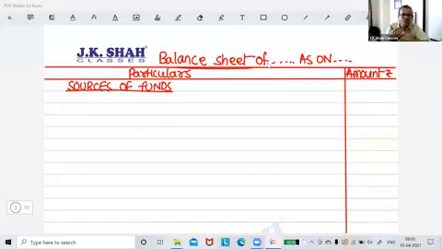And I told you, in the whole universe, on any other planet other than Earth, how many sources are there? Only two. There are only two sources: own funds and borrowed funds. Either use your own money or use somebody else's money. Simple. That is a basic way we remember.